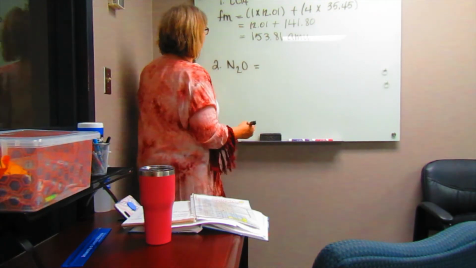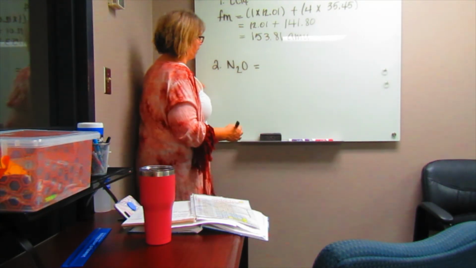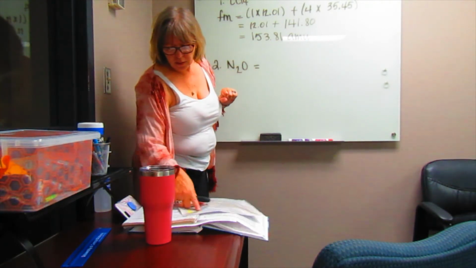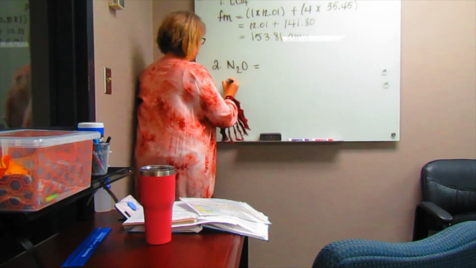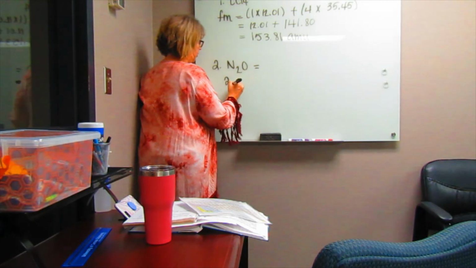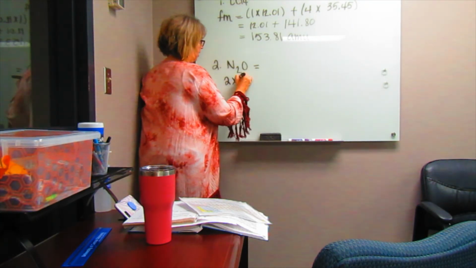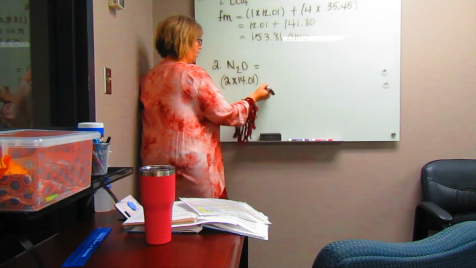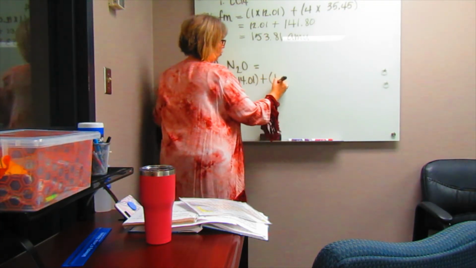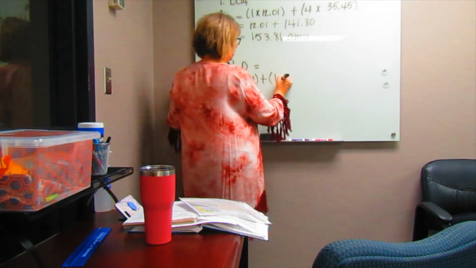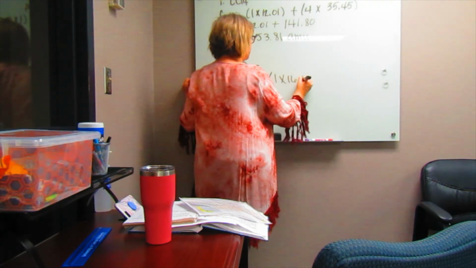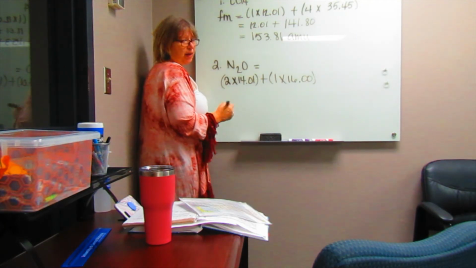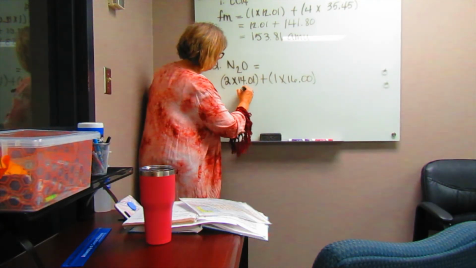All right? So let's take a look at dinitrogen monoxide. So for this one, we're going to calculate the formula mass. So we have 2 molecules of nitrogen times the atomic weight of nitrogen, which is 14.01, plus 1 molecule of oxygen times the atomic weight of oxygen. So 2 times 14.01 is 28.02.